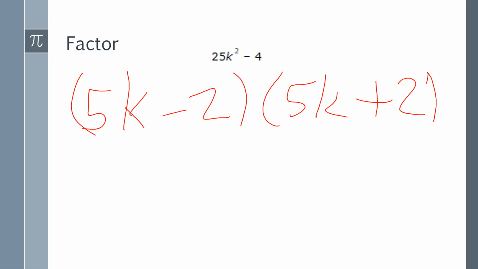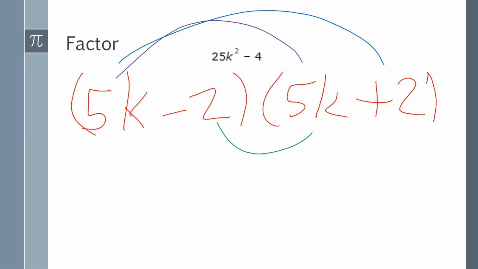Of course, we factored this. Use our formula method. First, outer, inner, last. So let's do it.